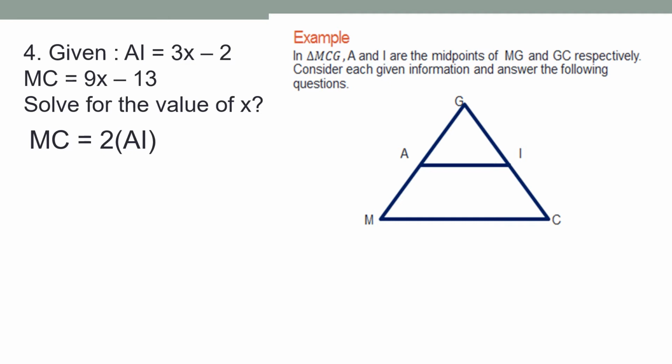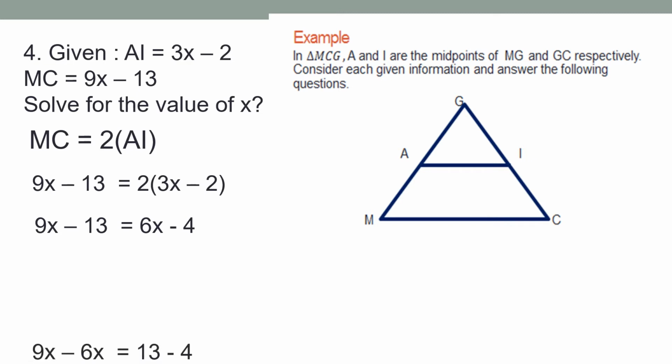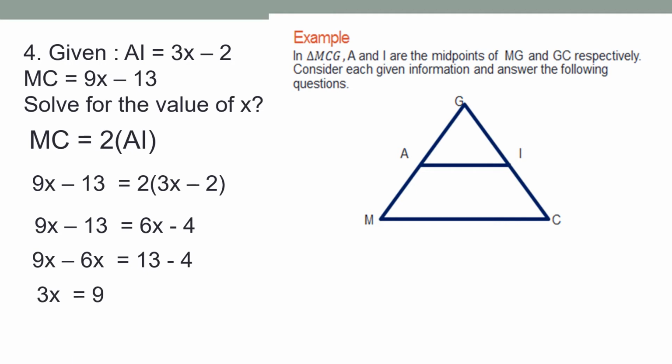So equate the expressions of MC equals twice the expression of AI. 9x minus 13 equals 2 times 3x minus 2. 9x minus 13 equals 6x minus 4. Using distributive property, so combine similar terms, 9x minus 6x equals 13 minus 4. 3x equals 9. Divide both sides of equation by 3. X is equal to 3.